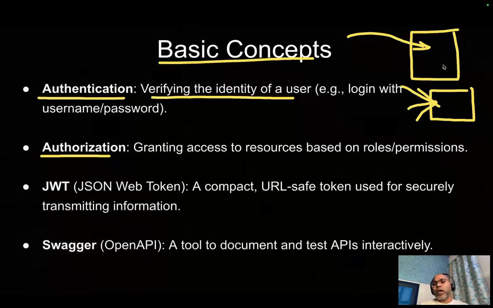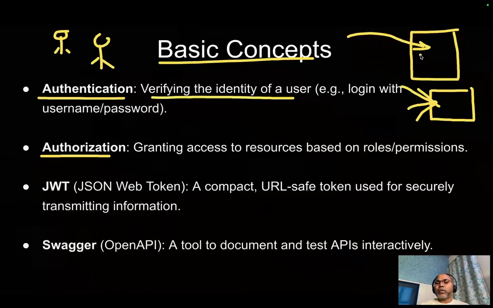But sometimes you build an application that is accessed only by the right person. How do we decide who is the right person? Is person one right, or person two? So whenever someone accesses my application, I ask, hey, please share your user details and your password so that I can validate that I know you.